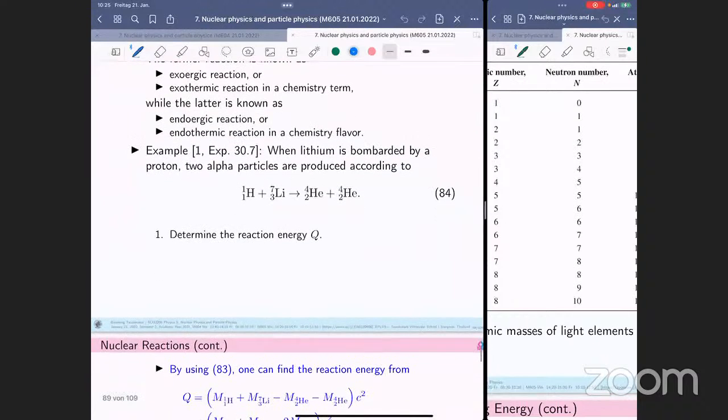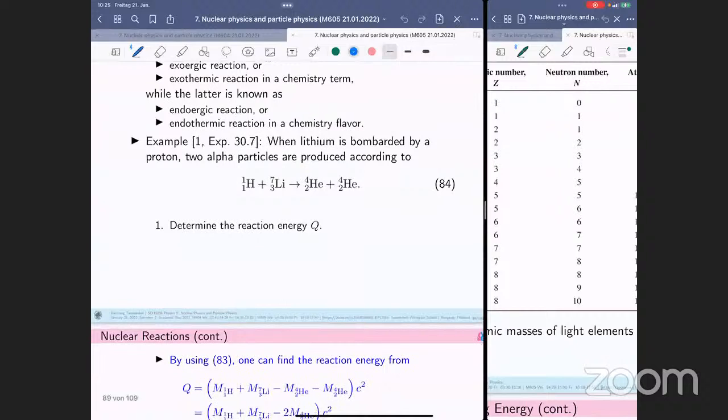So this is lithium, right? There are three protons, and you have 4 neutrons. That's the nucleus of lithium-7, and you accelerate the proton, which is denoted here H-1-1.